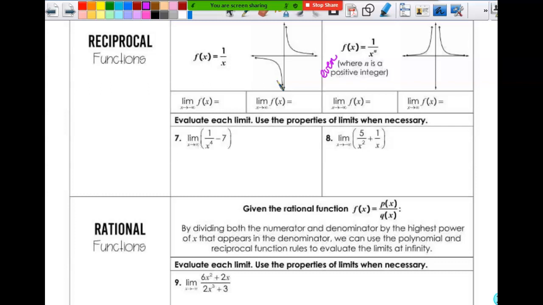All we care about is the limit as x approaches negative infinity, so as x gets smaller and smaller and smaller, what is y approaching? 0, because there's an asymptote there, right? And the limit as x approaches infinity is also going to be 0.